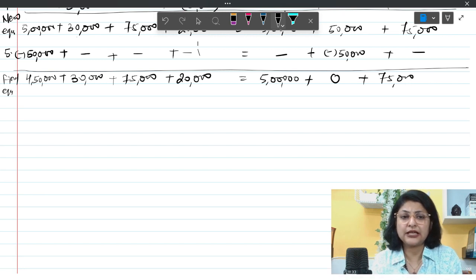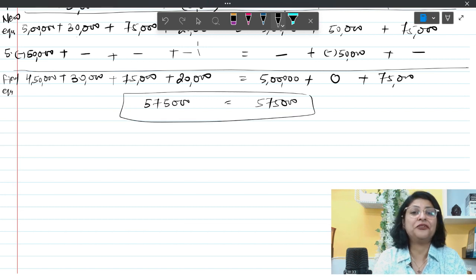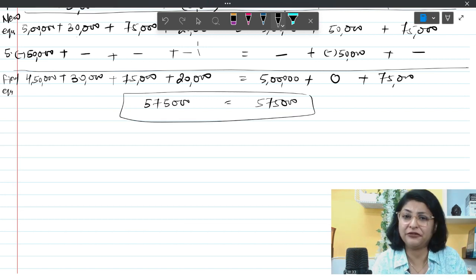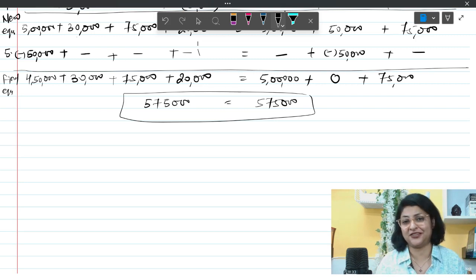So on both sides, my equation is tallying with 5,75,000 and 5,75,000. Okay, so the final equation is tallying. So always you have to make sure that your equations are tallying after each transaction.